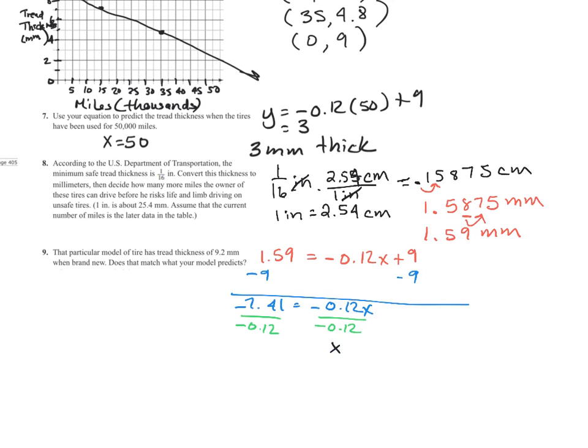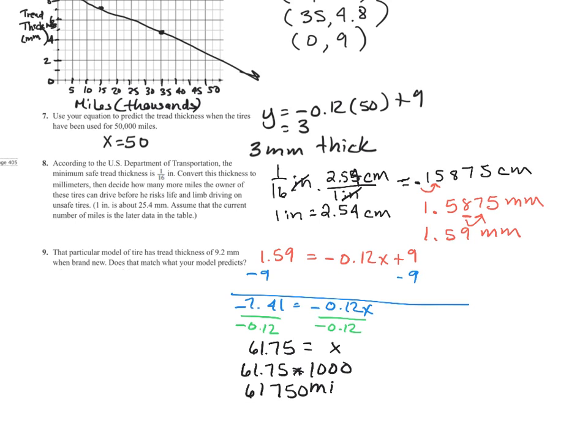And I end up with x is equal to 61.75. So remember, that's in thousands of miles. Okay, so 61.75 times 1,000 gives us 61,750 miles.